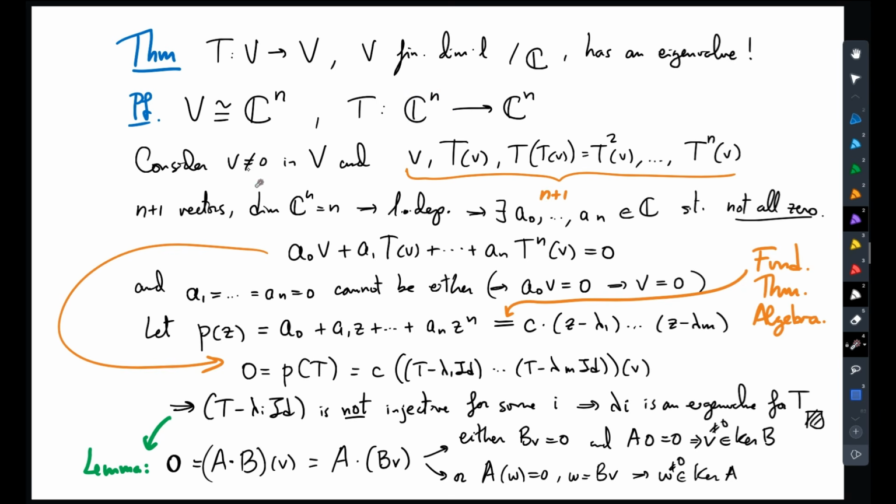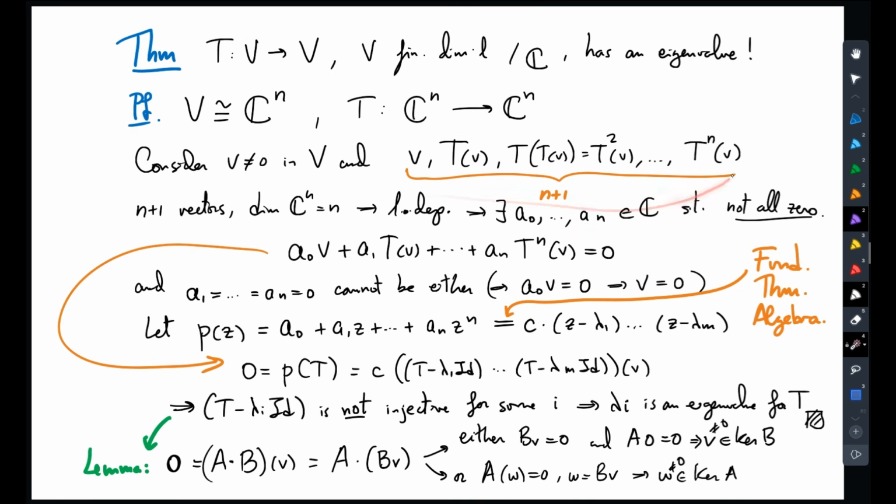Now, suppose v is non-zero in V. Just take any non-zero vector v and consider the following sequence. I'm going to take v, and then T of v, and then T of T of v, and so on, just do the composition of T n times and apply to v.